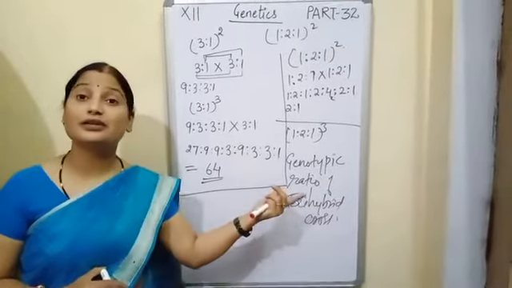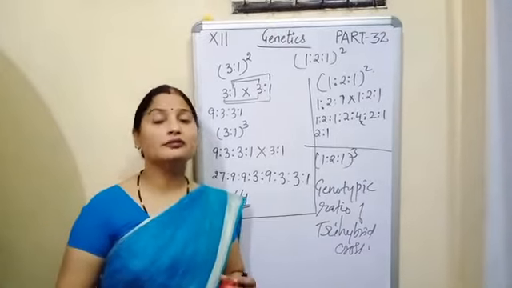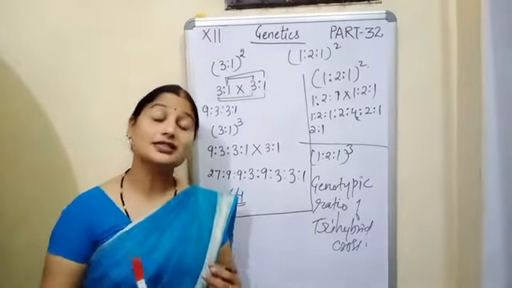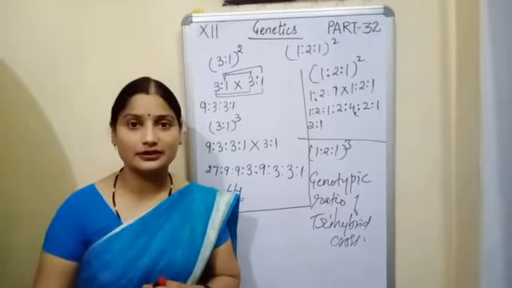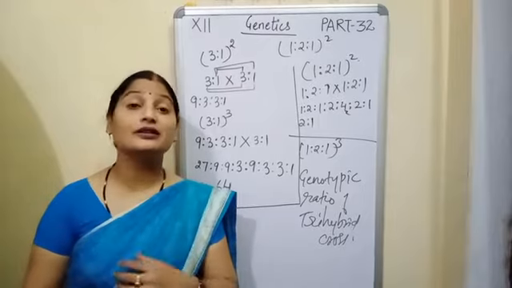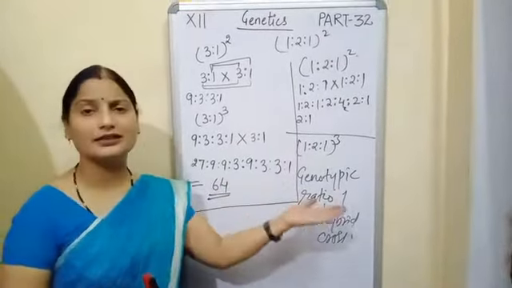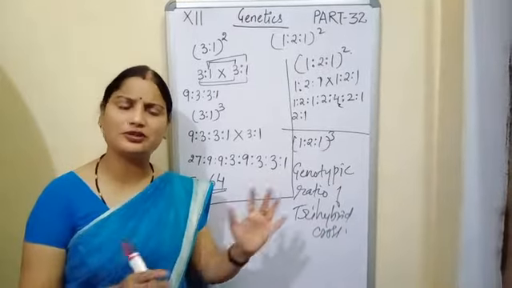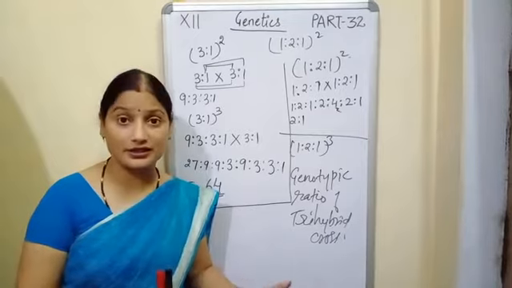Now, this is all about the trihybrid cross. And one example is given to us in our book when we will study the topic of blood group. Okay. Now, children, we have completed all the laws given by the Mendel. Okay. And we have already seen that why the Mendel was called as the father of genetics. Simple, because he had taken the pea plant and he did all his experiments on the pea plant and he got 101% sure result.